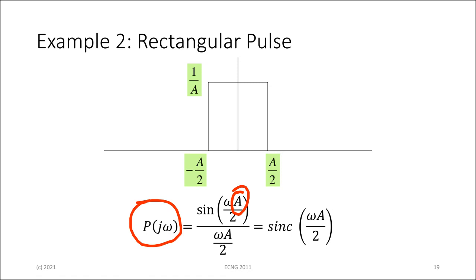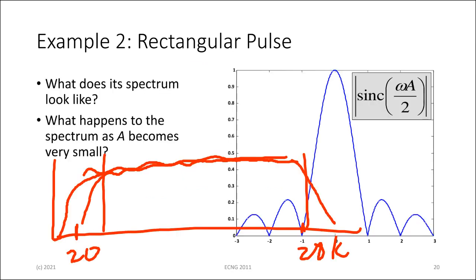So if I know what P of j omega is, and I send that into the loudspeaker, then I could derive, because it's all being done automatically, I know what frequencies I send in, and when I put the pulse in, the microphone will pick up the pulse that the loudspeaker sends out. I compare the two of them, and I can actually plot the frequency response of the loudspeaker that way.